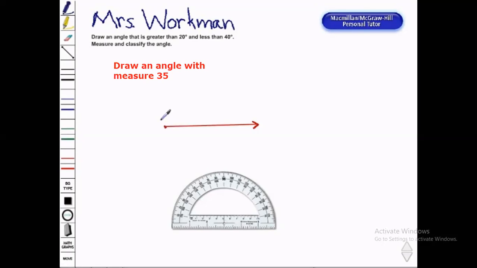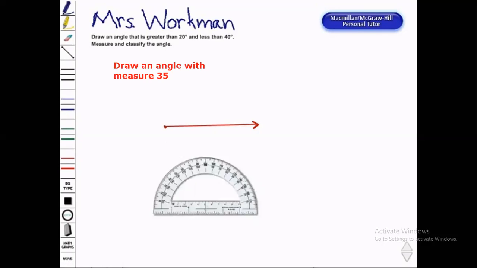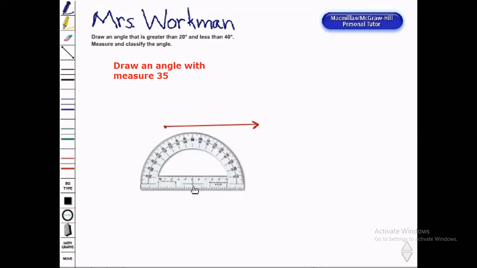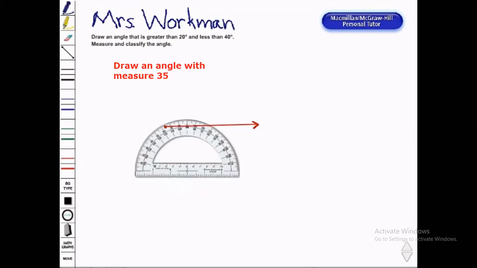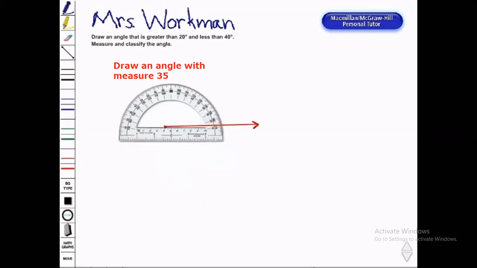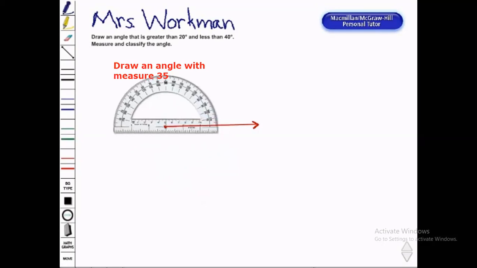I've drawn that first ray. Now I'm going to take the protractor and move it so that this hole and this line line up with this endpoint and that ray.